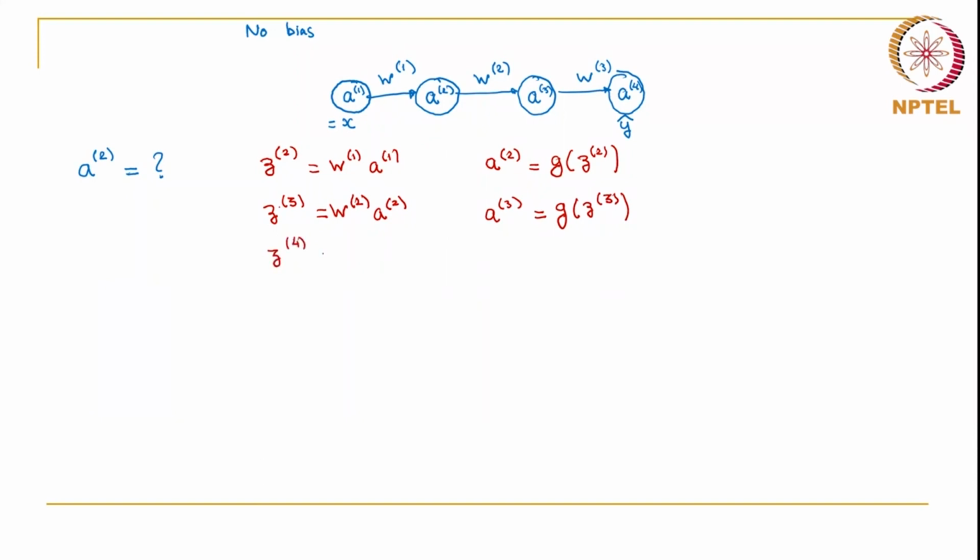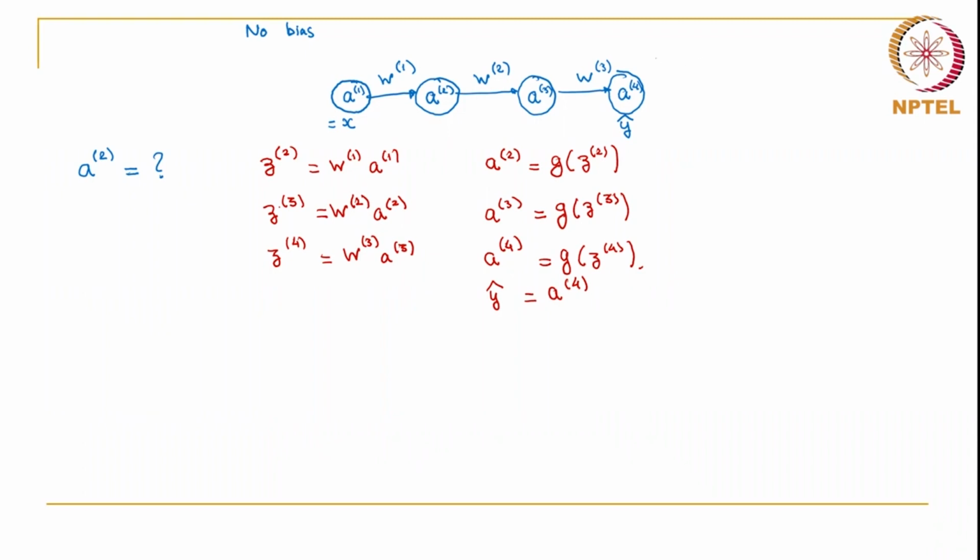Z4 equal to W3A3 and A4 equal to G of Z4. And of course, Y hat equal to A4. Now, any questions on this? So very simple relationship, linearity followed by non-linear relationship.